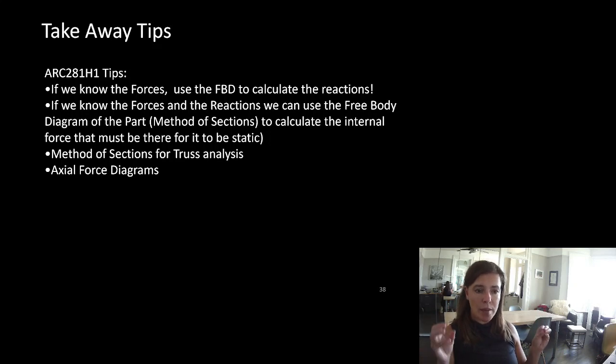If it's in equilibrium, that load has to be getting from its applied location to its support location, so there's something internal happening. And that's where we understand if the object isn't moving, the part can't be moving. So we cut it into parts and try to figure out, using the same equations, what our internal forces are.